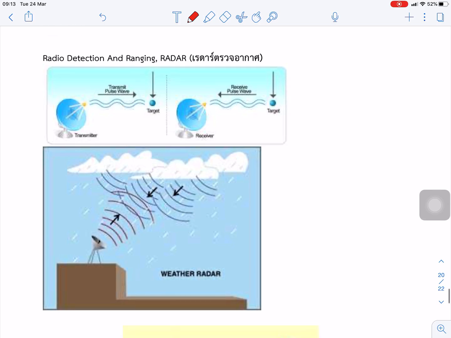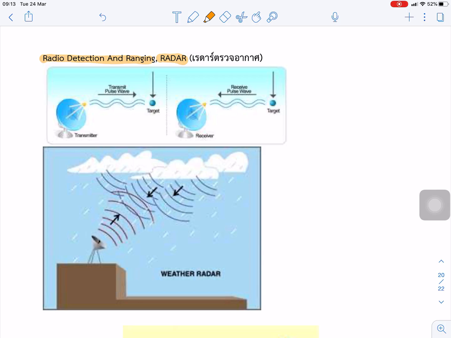The other way to measure the rainfall is what we call radio detection and ranging, or in short, radar.